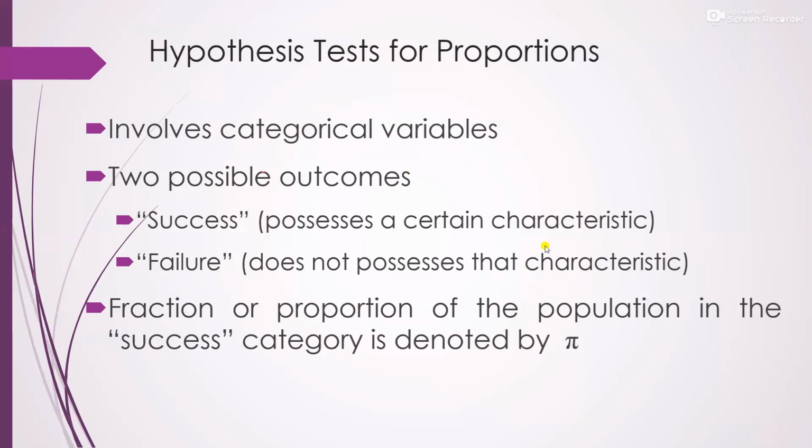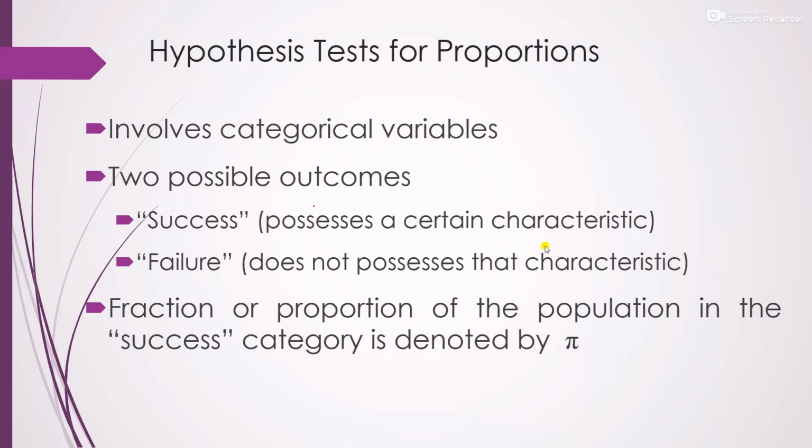Now, the proportion hypothesis test. It's similar to the confidence interval. Here we are taking a categorical variable. In the previous two cases, it involved a continuous variable, but here the problem involves a categorical variable. So if the variable is categorical, then you have to take the proportion hypothesis test.